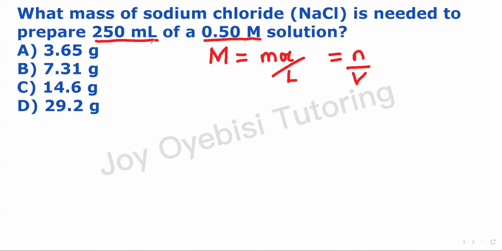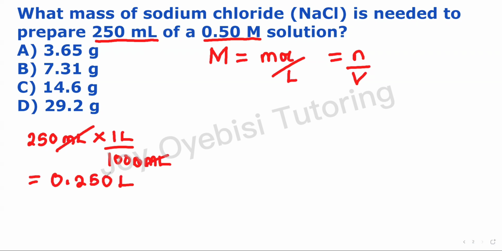So we're going to convert that volume to liters. To do that, you simply divide this by 1,000. So that would be 250 ml times 1 liter in 1,000 ml. So the mLs we cancel. So 250 divided by 1,000 gives us 0.250 liters.